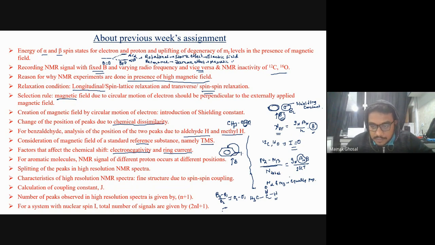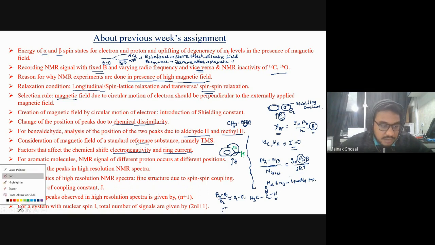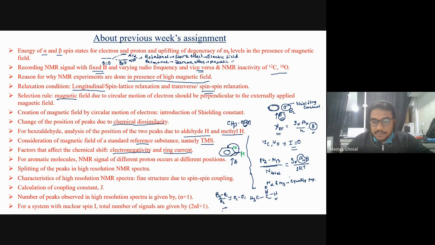The proton present here and the proton present here do not have the same environment. Why? Because in this position B is aligned, this is perpendicular, so here B increases, but here the induced magnetic field opposes B, so in this position B decreases.